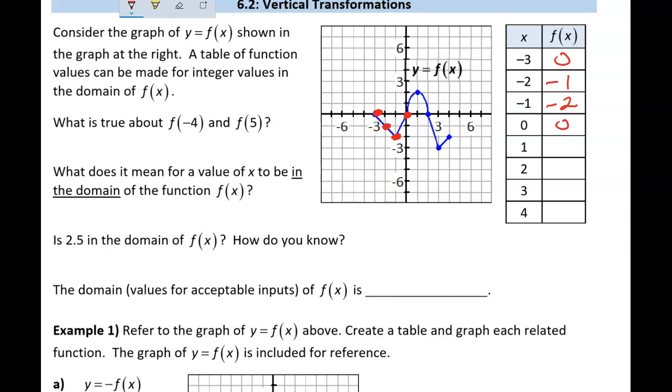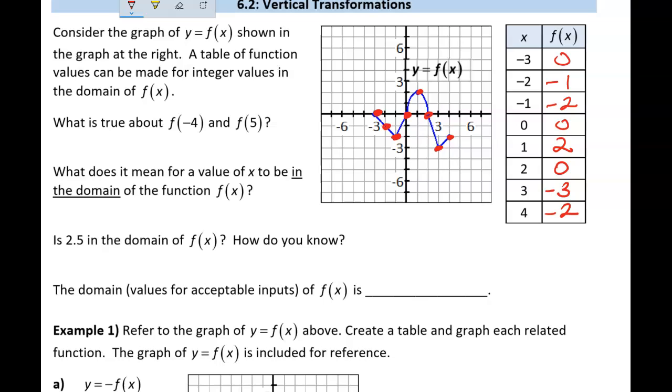At 0, the y value is 0. At 1, the y value is 2. At 2, the y value is 0. At 3, the y value is -3. And at 4, the y value is -2. So that's a sampling of the function values. Those are all the x values that are integer values.